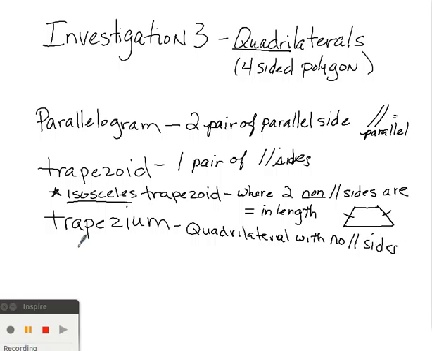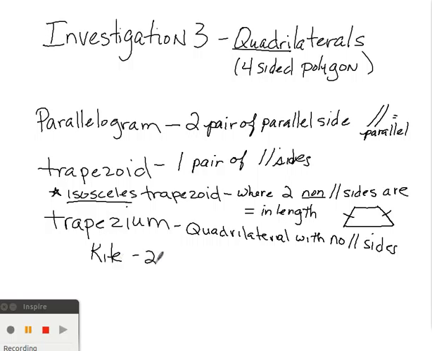And the last definition for this page is a trapezium. No, it's not. We just did trapezium. It's a kite. And a lot of times you think a kite is a parallelogram, but it's not.